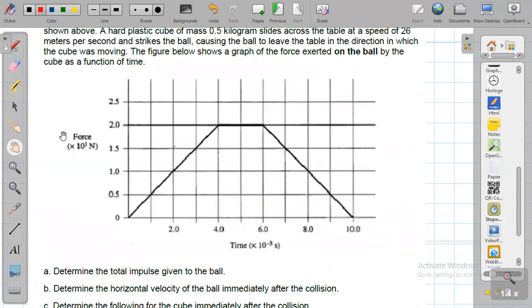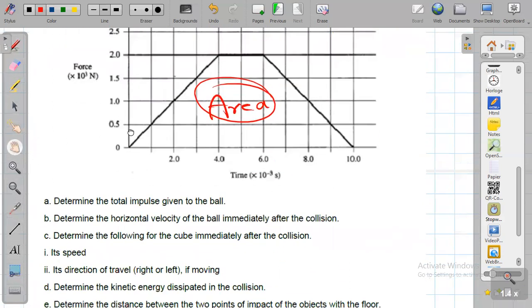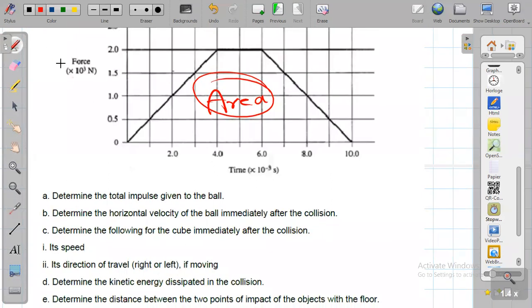Okay, it's a function of time. So whenever you see the force and time, you have to consider the area. Determine the total impulse given to the ball. How to get it? By the area.